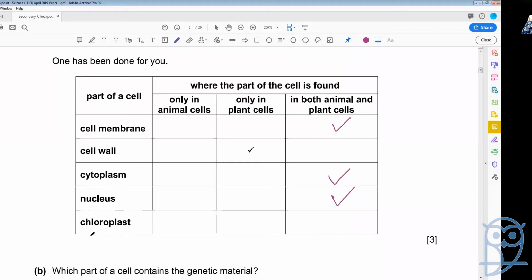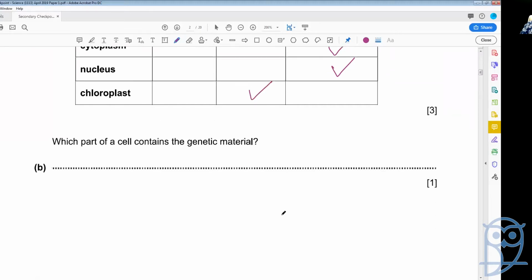And chloroplasts is what contains chlorophyll, which plants use in order to make their own food, so that we find in plant cells only. So there we go. And then it asks which part of a cell contains the genetic material, and this is the nucleus.